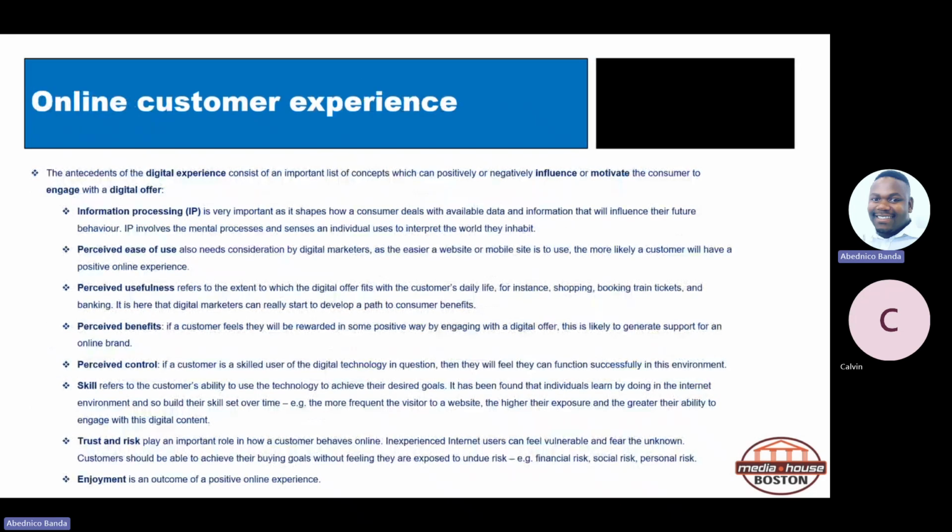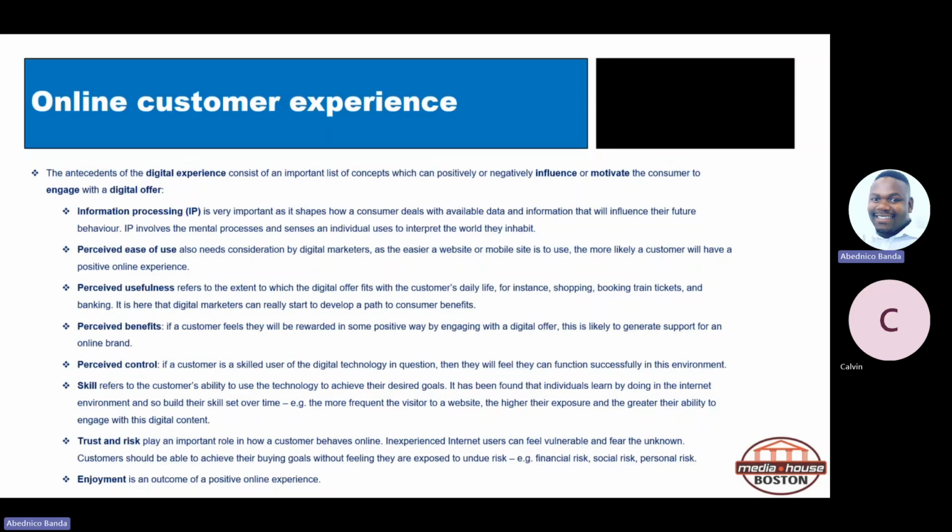So we go back again to those 8 antecedents that we discussed in the previous lesson. And I'm not going to dig deeper into them because we already discussed them. However, they do contribute to digital experience. How your customers process information is always crucial because it can determine whether they are going to buy or not.